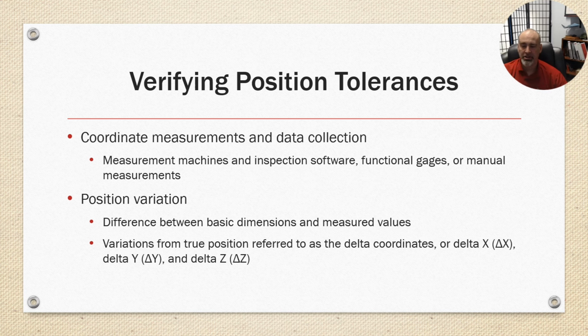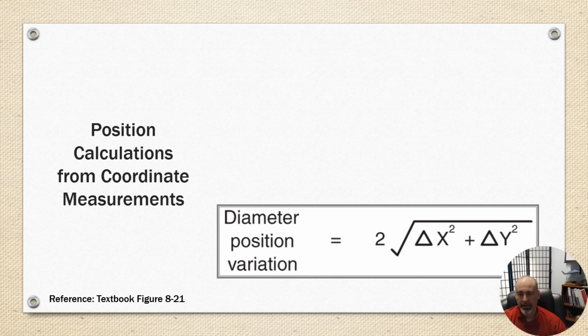And the variations from true position are referred to as the delta coordinates, or delta x and delta y and delta z. So the Greek letter for delta looks like a triangle. And here's the position calculations from coordinate measurements.